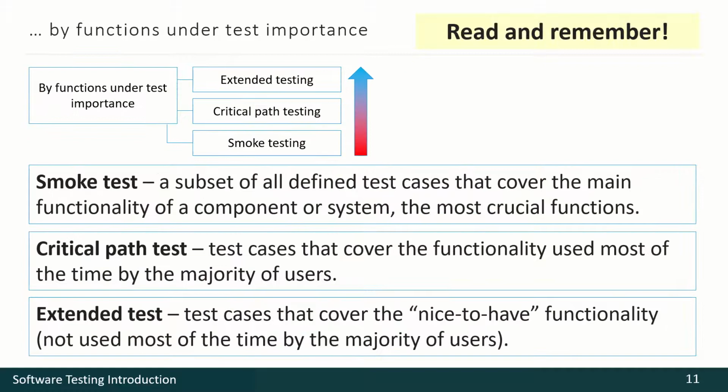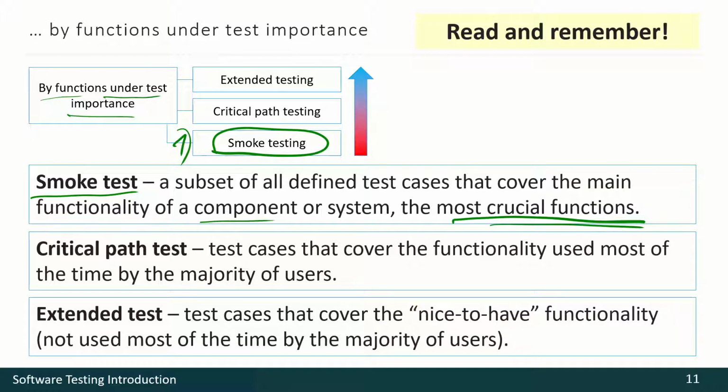If we are speaking about the importance of functions and tests, they also come in 3 levels. First of all, we shall start with smoke testing, and during the smoke test we try to concentrate on critical functions of some component or system. In real life, such functions absolutely must work for the end user to be able to use some application or service.